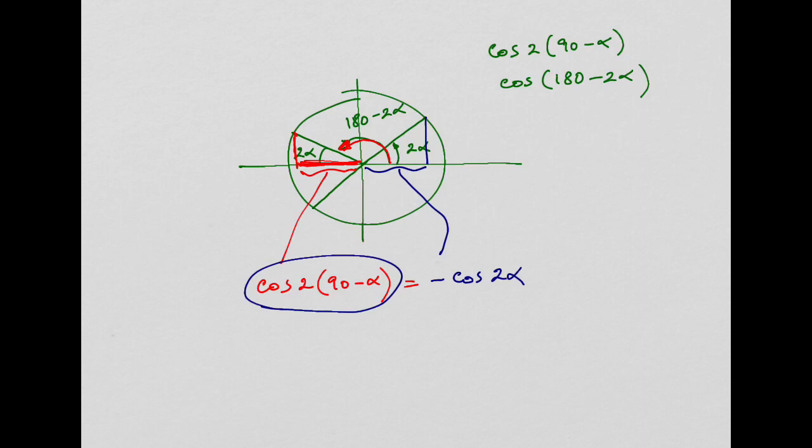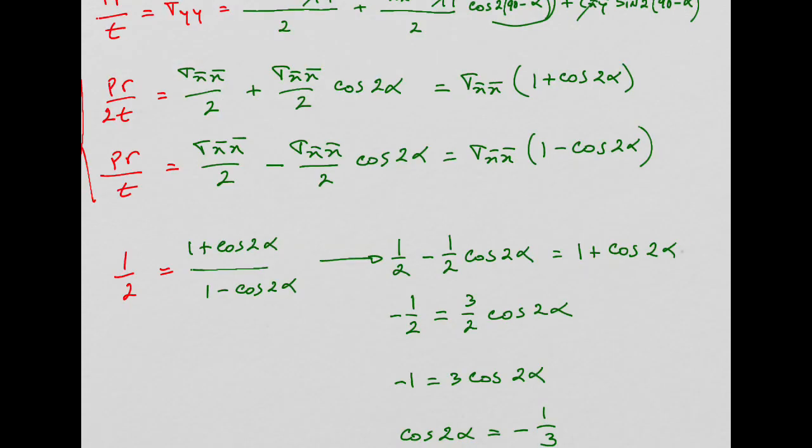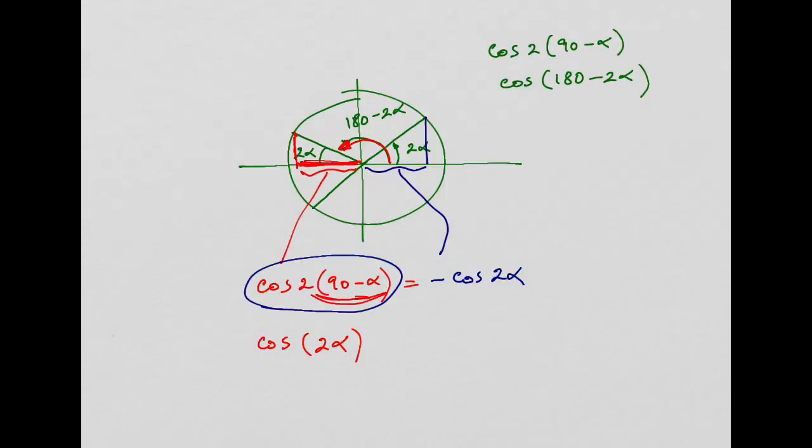Because I want to replace this argument here with 2 alpha, right? Because that's what I have here, 2 alpha. And I cannot say this is equal to cosine of 2 alpha because it's not. It's equal to minus cosine of 2 alpha, because 2 alpha is this angle here in green, and the cosine is on the positive side.